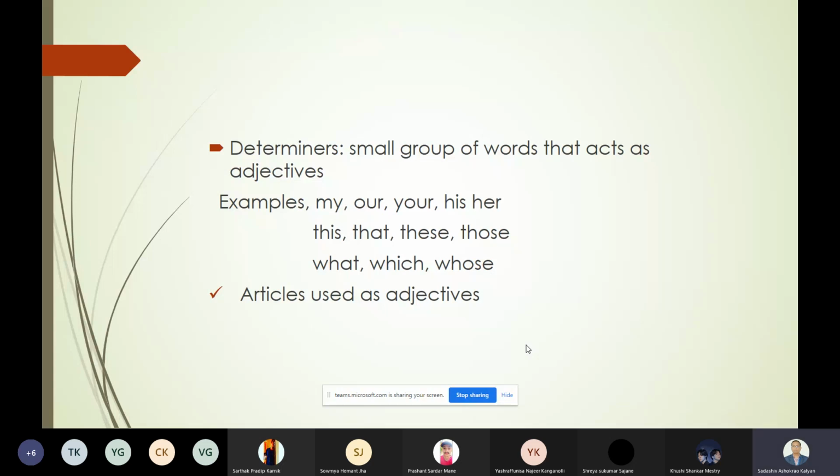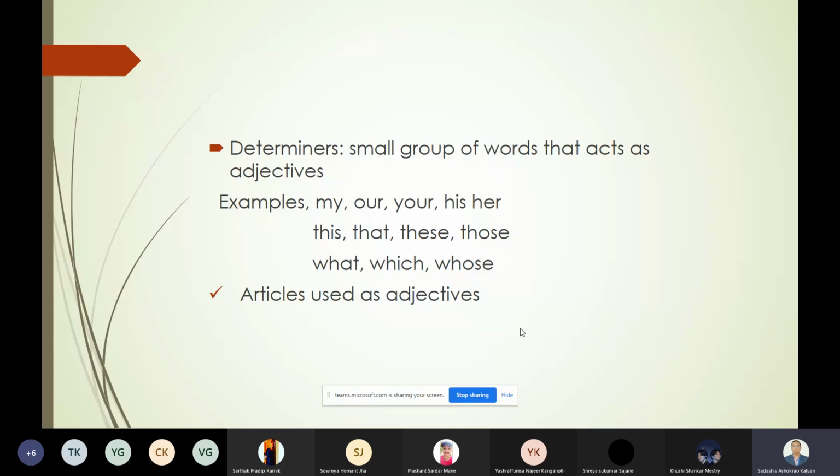what, which, whose. So these are all the various kinds of determiners which we are using in our written form of communication, and at the same time we are using these determiners in our oral form of communication.